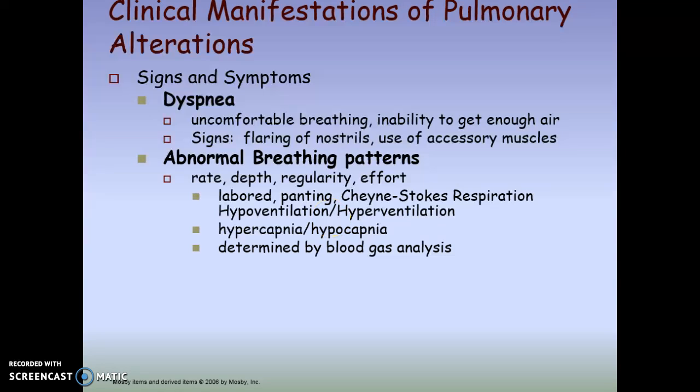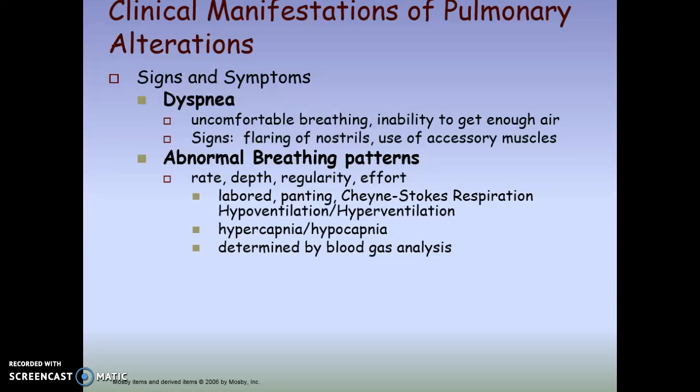And if you get rid of too much CO2, you're going to end up developing respiratory alkalosis. In alkalosis, you're getting rid of the CO2, which would help make carbonic acid.